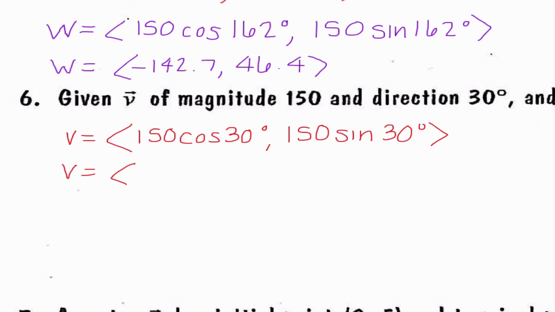So I'm going to do 150 cosine of 30, and I get that that is 129.9. And then I'm going to do 150 times the sine of 30, and I get 75.